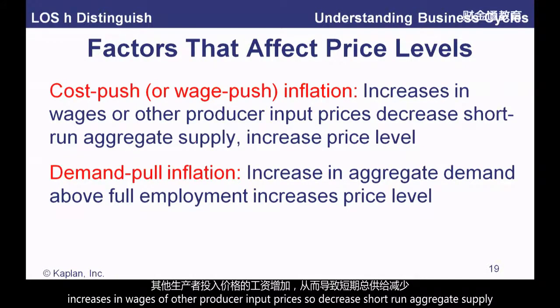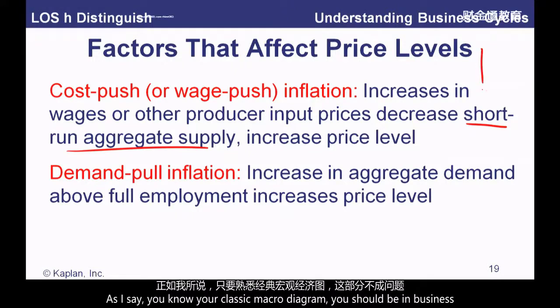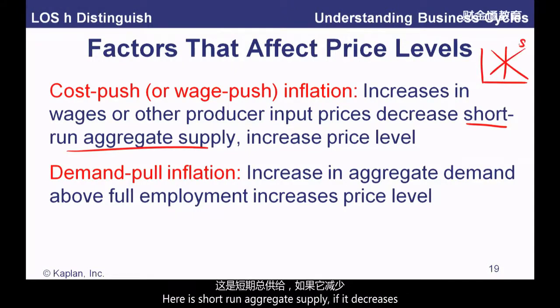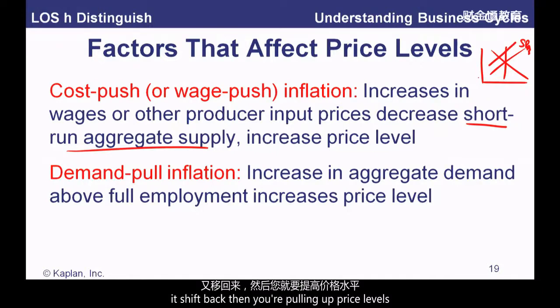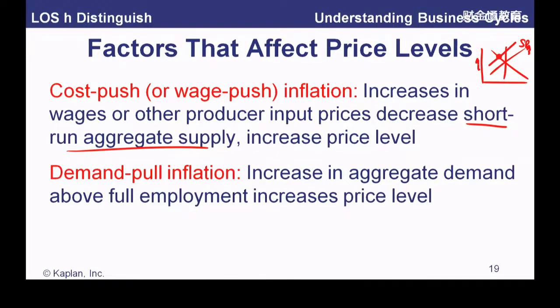Increases in wages, other inputs, so maybe commodities, decrease short-run aggregate supply. Well, as I say, if you know your classic macro diagram, you should be in business. Here's short-run aggregate supply. If it decreases, it shifts back there. You're pulling up price levels.